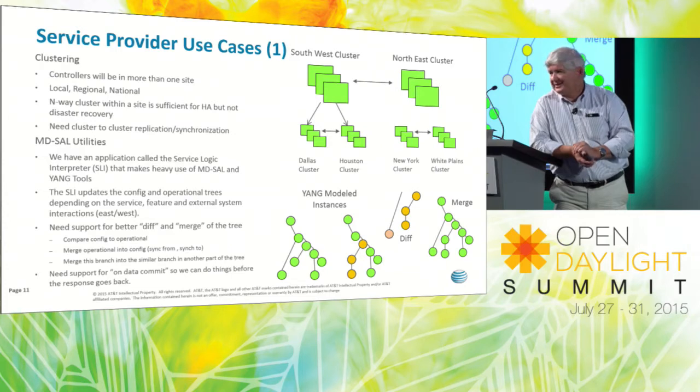As it updates config trees and makes decisions on what IP addresses, what VLAN IDs, what inventory needs to be updated, et cetera, we run into the situation where we need to diff Yang trees, diff branches, do merges and splits, et cetera. There's work going on in this space, but there needs to be more added so that we can do auditing, compares, and merge different branches of a Yang tree.